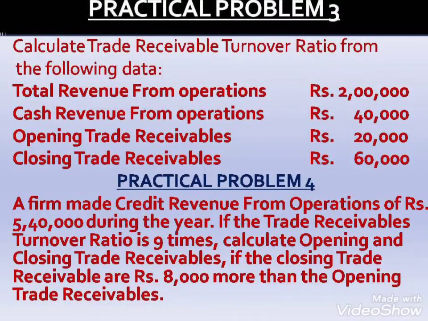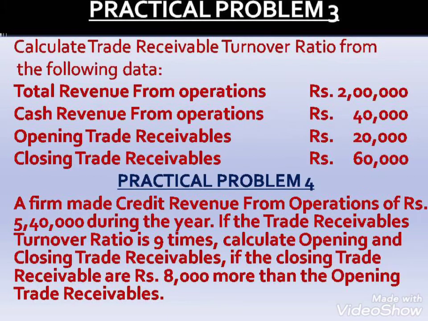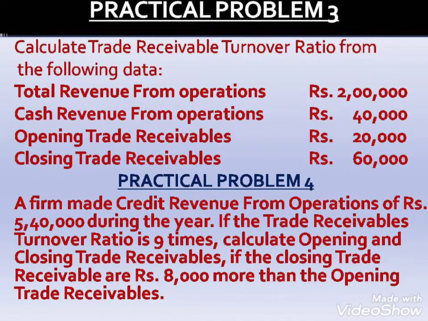Now, in practical problem 3, we are going to calculate trade receivables turnover ratio. Trade receivables turnover ratio is also known as debtors turnover ratio. It shows the relationship between revenue from operations and debtors. Generally, with a view to pushing up sales, business firms sell goods on credit. These credit sales result in the creation of debtors and bills receivable.